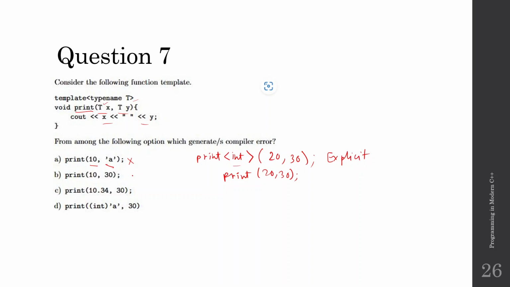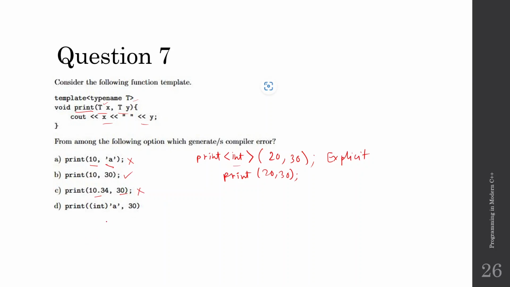So the compiler can guess that the template argument is probably an integer only. So second one will compile fine. Now we come to part C. In part C, the first argument is double, second argument is integer. Again, there is ambiguity and the compiler will be confused about what is the correct template argument. So this will throw an error.